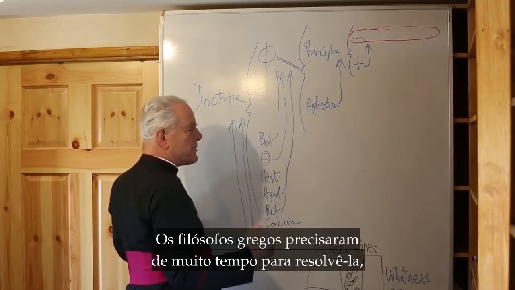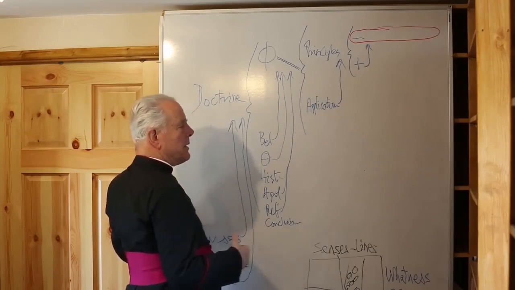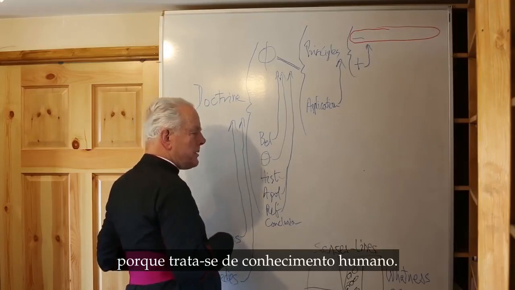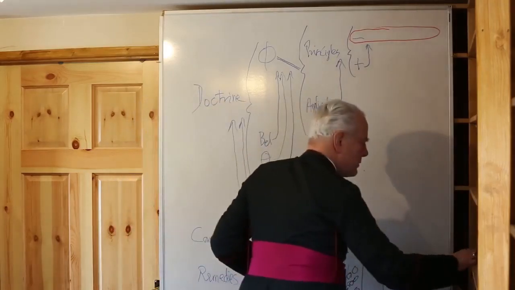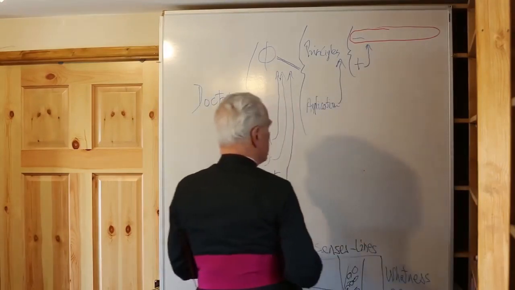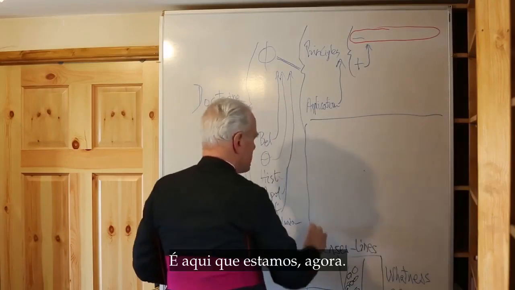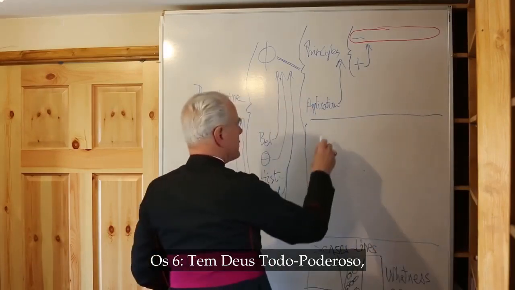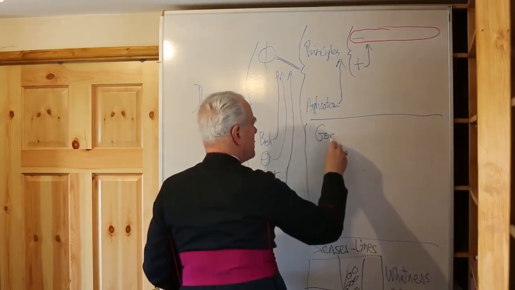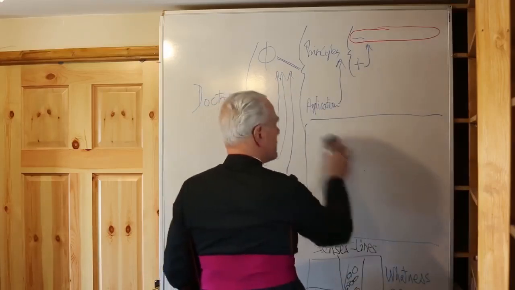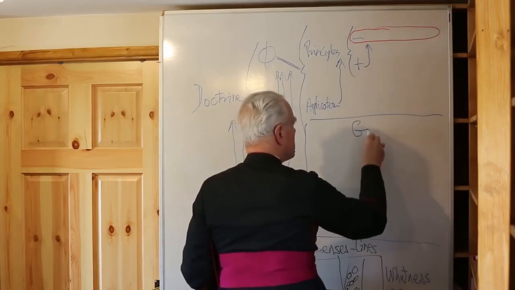It took the Greek philosophers quite a while to sort it out, because it's human knowledge. One moment, let's have a look. You've got 6 beings. So this is where we're at now. You've got Almighty God.